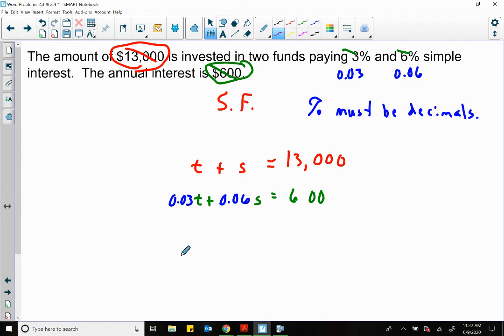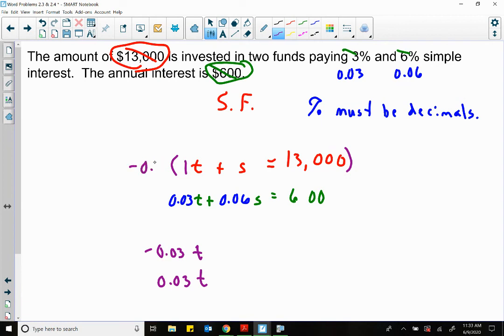Okay? So that means I want to get rid of the T, and I need to make them the same value. Whatever this value is, that's what I'm going to turn the top into. So down here, I'm going to keep the bottom at 0.03. That means I need to make the top a negative 0.03. So what am I going to multiply the number 1 by to make it a negative 0.03?